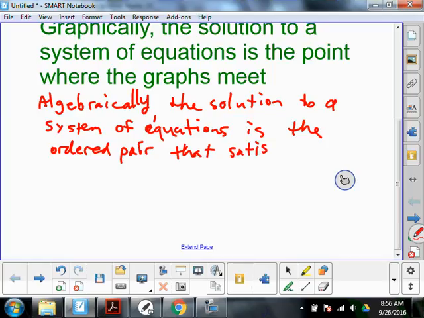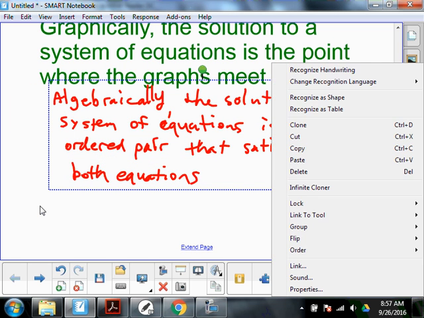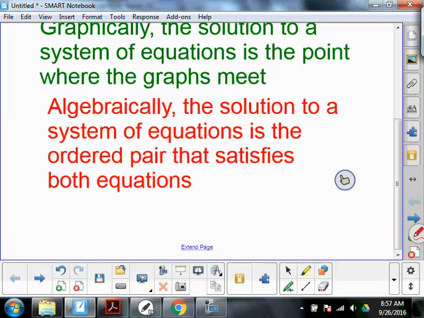When I say satisfies, I'm not talking about Snickers. I'm talking about makes true. That's what satisfies means in this context. Algebraically, the solution to a system of equations is the ordered pair that satisfies both equations. Sometimes you might get an ordered pair or a point, if you would, that makes one of the equations true, but it's got to satisfy both equations. So algebraically, the solution to a system of equations is the ordered pair that satisfies both equations.